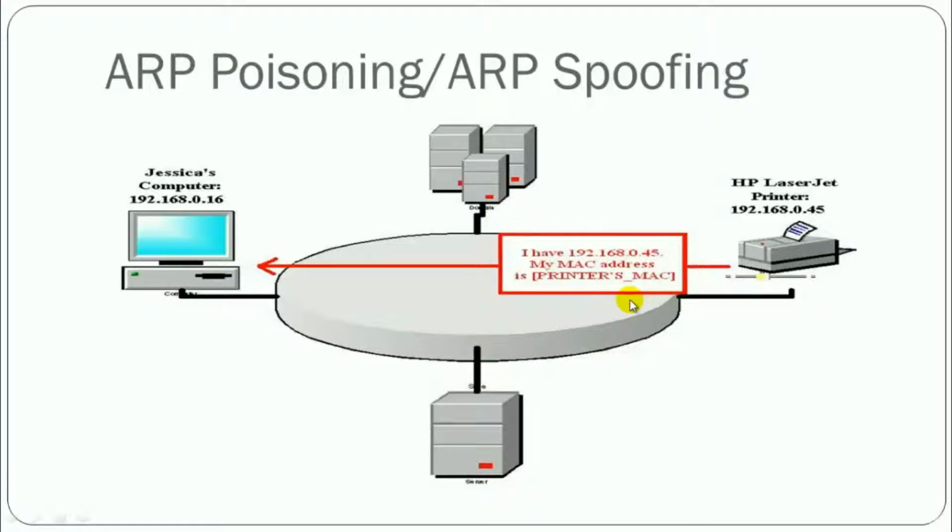Using command line commands such as ipconfig /all in Windows or ifconfig in Unix, you can learn the IP address and MAC address of every device in your network. Then, using the arp -s command, you can add static ARP entries for all your known devices. Static means unchanging, that cannot be changed, and dynamic means something that can be changed. This prevents hackers from adding spoofed ARP entries for devices in your network.